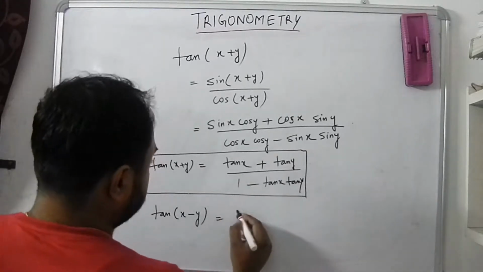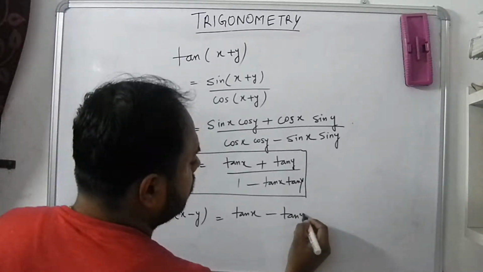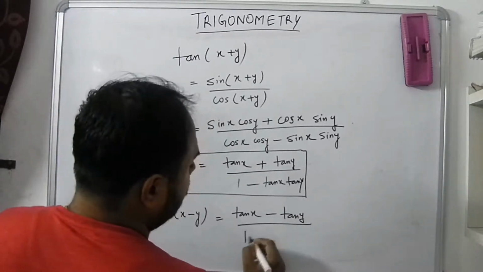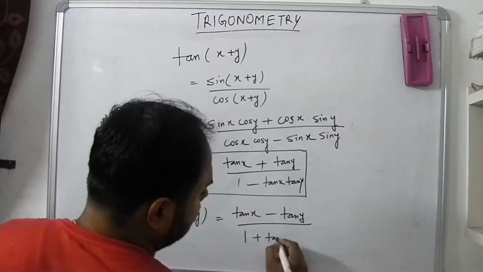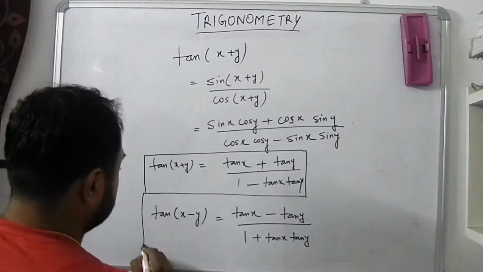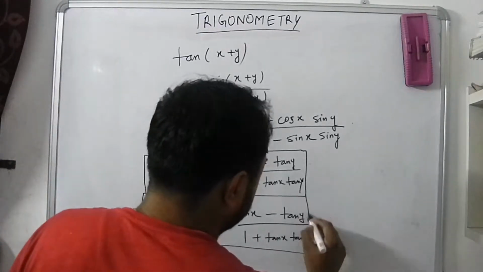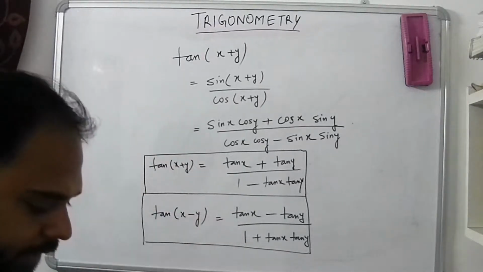So it becomes tan x minus tan y, and upon 1, since this is positive, this is negative, so 1 plus tan x tan y. So now this is the other formula. So there are two formulas for tan of x plus y and tan of x minus y.